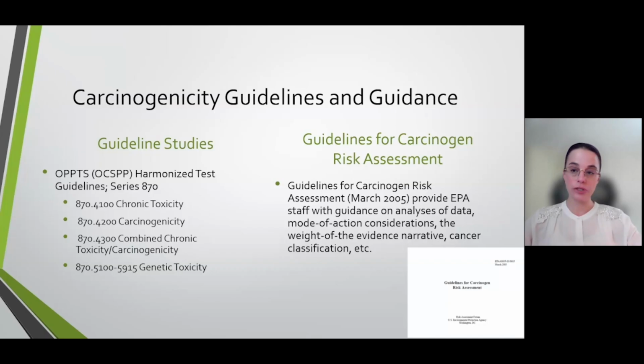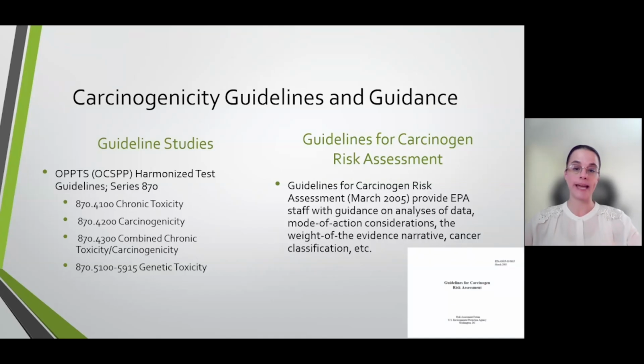In addition to those long-term cancer bioassays, we also have a battery of testing for genetic toxicity, and that runs from 5100 up to 5915. Another document that we work very closely with is our Guidelines for Carcinogen Risk Assessment. The most recent document that we're working with was published in March of 2005, and this is a really important document.